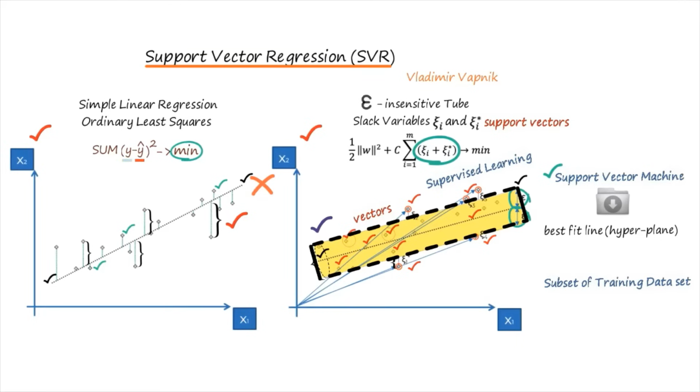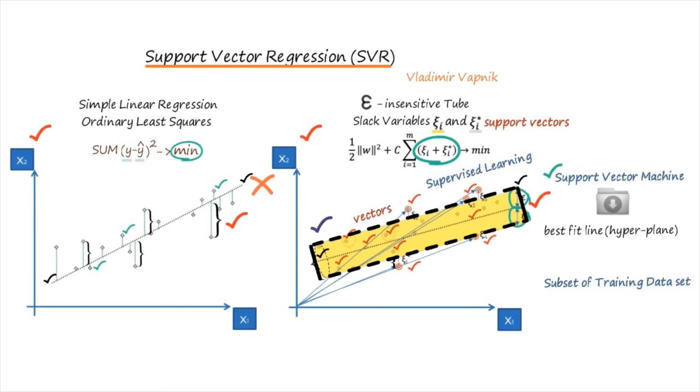Second, apart from this regression line, we will create one tube. The structure of this tube is controlled by the slack variables, meaning the points which exist outside the tube. These slack variables contribute to the formation of this particular tube, so as a result they are also considered support vectors.